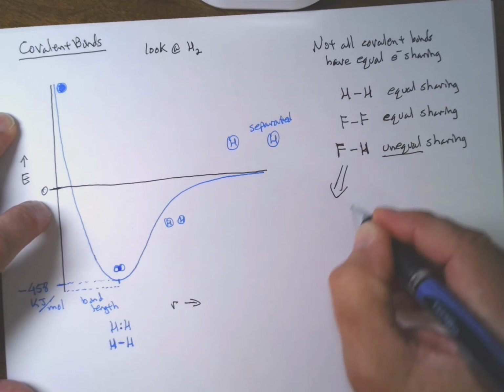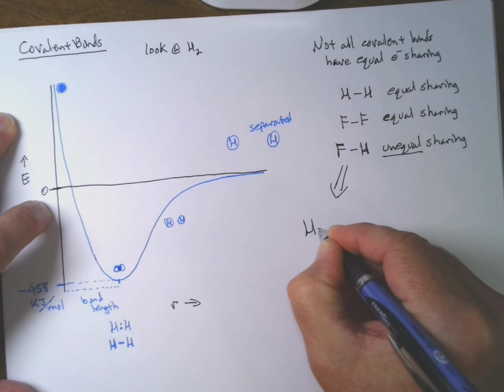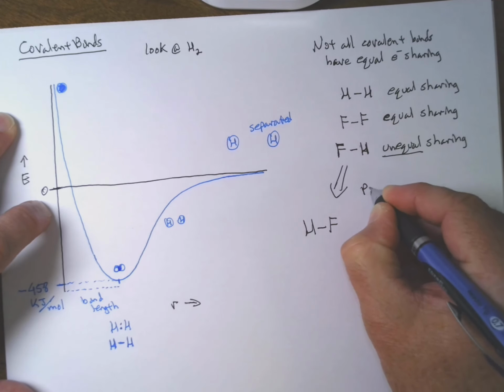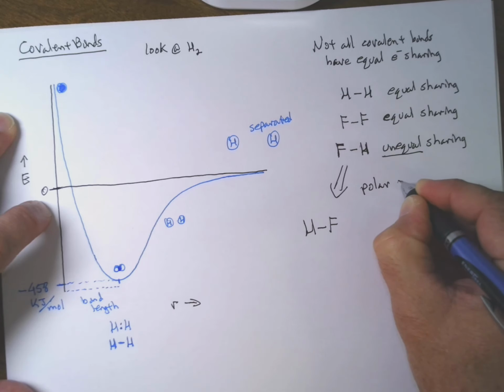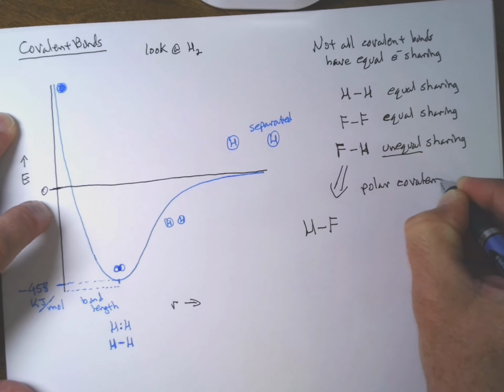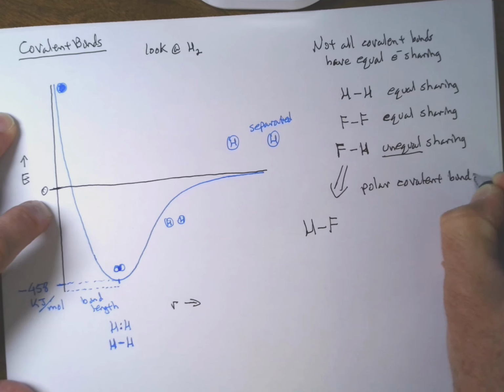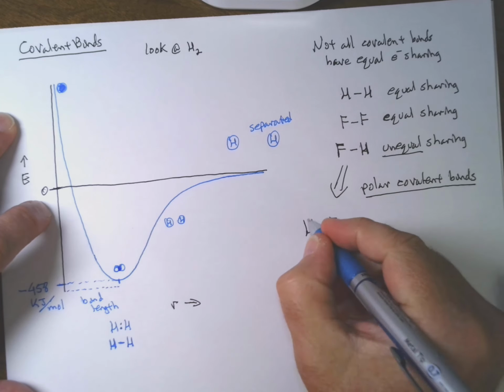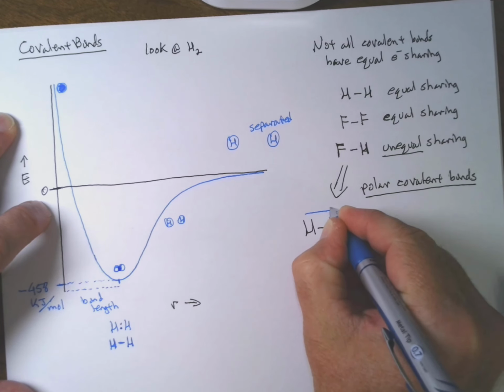So let's take a look then at an example here. And a good example is HF. And so the electrons are pulled more towards one side, the fluorine.